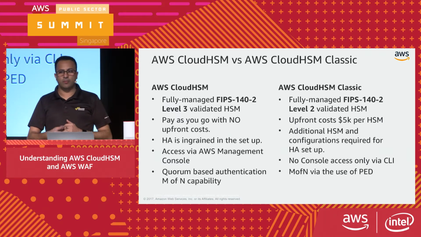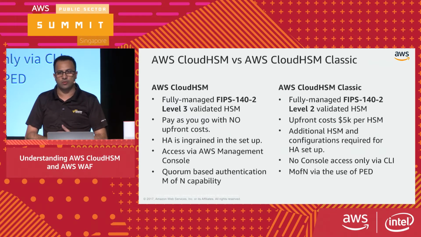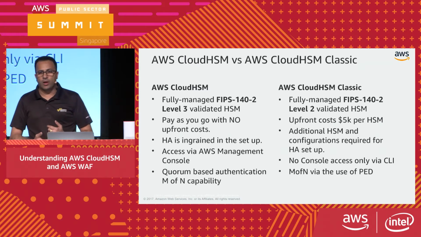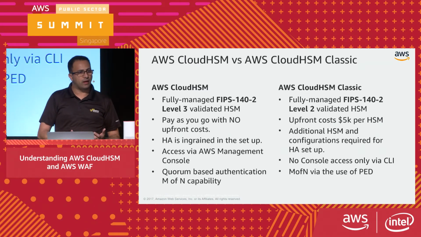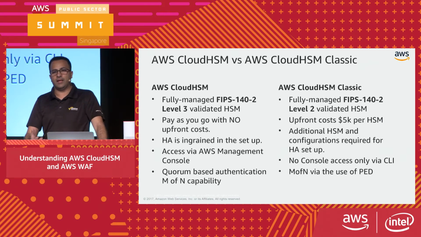And the last one is quorum-based authentication. One of the key reasons it is now level 3 compliant is that you can do quorum-based authentication. What that means is, if you have a very critical workload running in the cloud and you want to ensure that multiple parties need to sign in to approve a certain action, quorum-based authentication supports that using a secure ID.